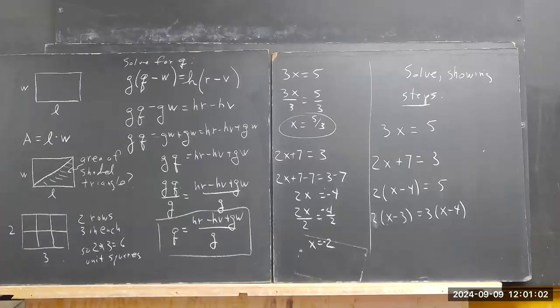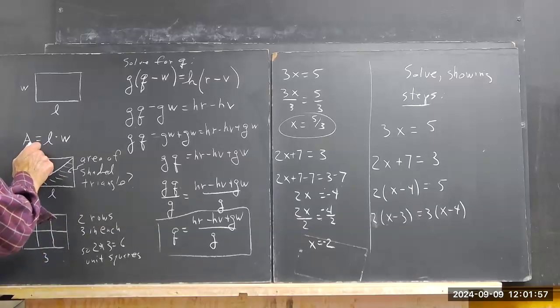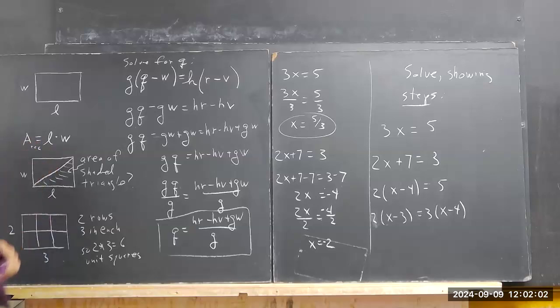Okay, so let's see what everybody thought. Okay. Now we've got 2 formulas for the area. So I'm going to call this A and put a subscript REC on it for rectangle.